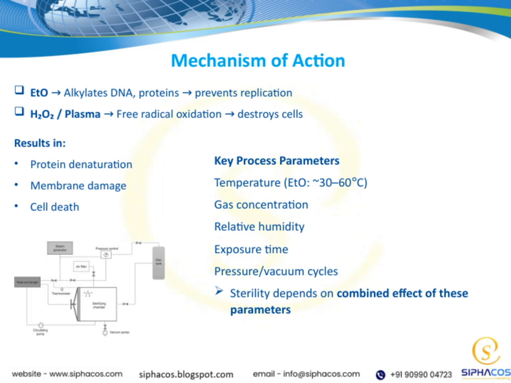These mechanisms lead to critical outcomes: protein denaturation, damage to cell membranes, and ultimately, cell death. So, in essence, whether through chemical modification or oxidative damage, these processes ensure that harmful microorganisms are effectively eliminated, aligning with our overall goal of achieving reliable sterilization.